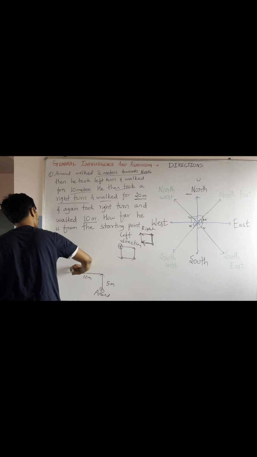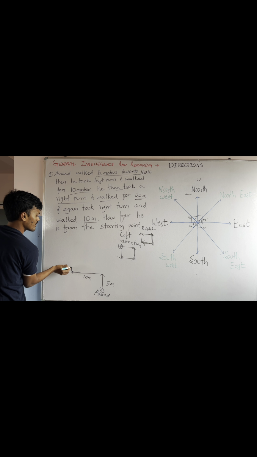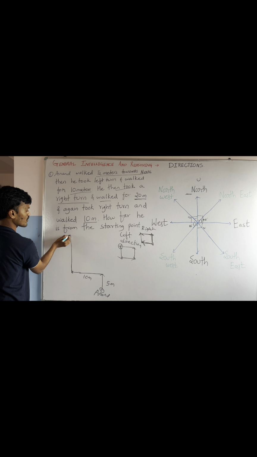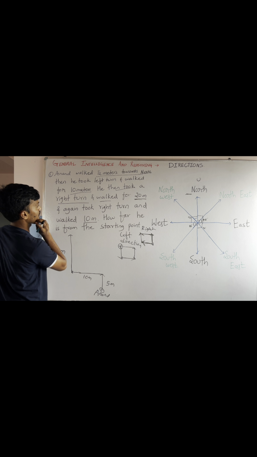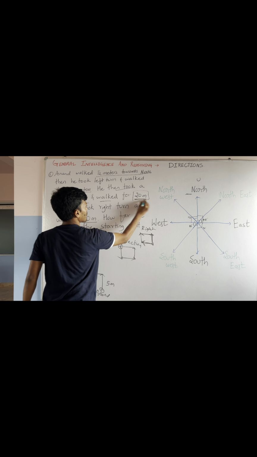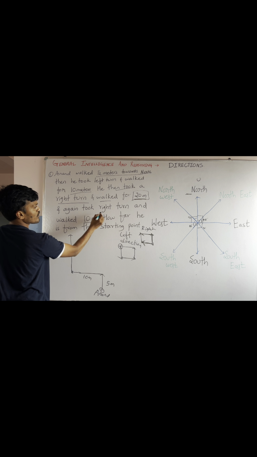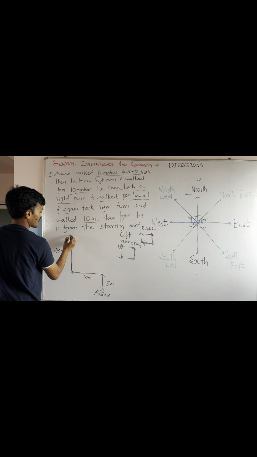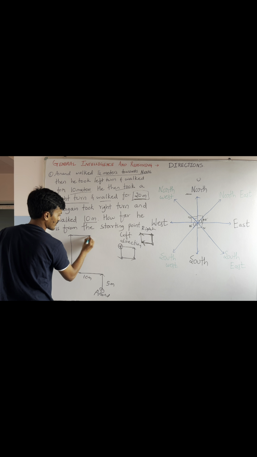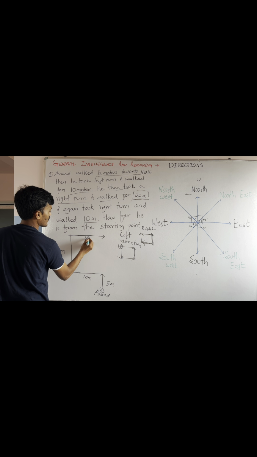Right turn in the upward direction. That is called 20 meter. Again he took a right turn and walked 10 meter. Right turn. That is called 10 meter.